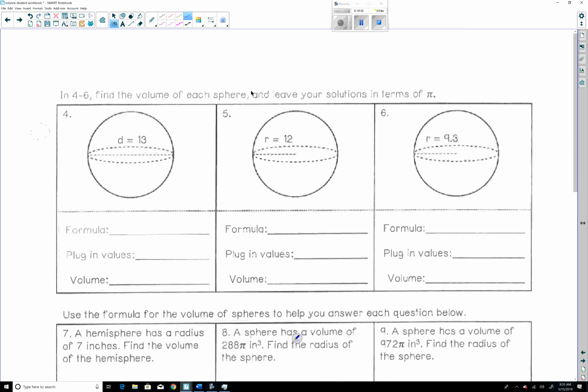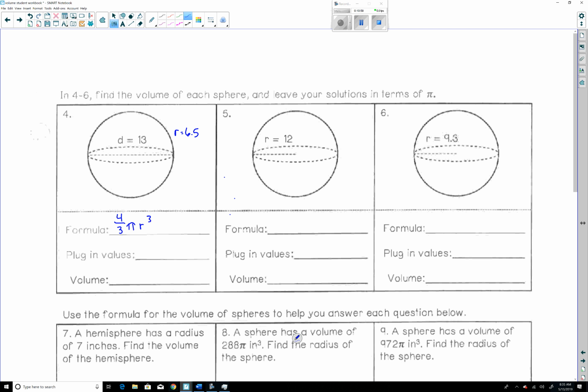Okay, in 4 to 6, they want us to find the volume of each sphere and leave our solutions in terms of pi. So this is where we multiply together all of the rational numbers and leave pi in our answer. So here, our diameter is 13. Half of 13 is 6.5. So our radius is 6.5. Our formula is the same as it was before. 4/3 times pi times radius cubed.